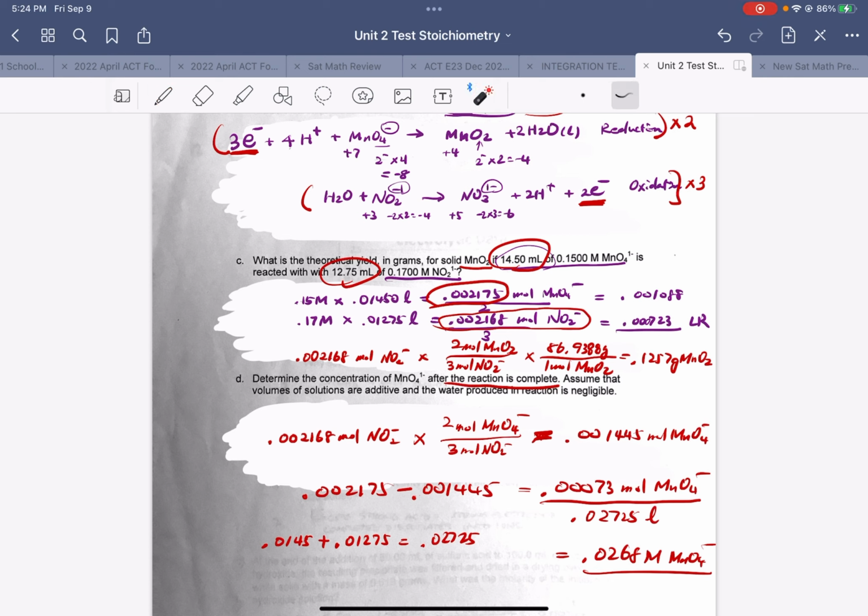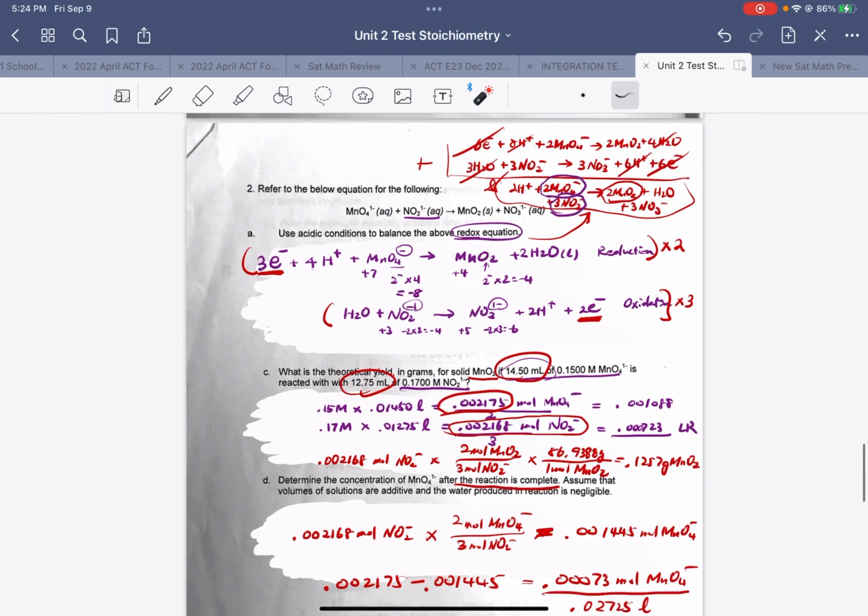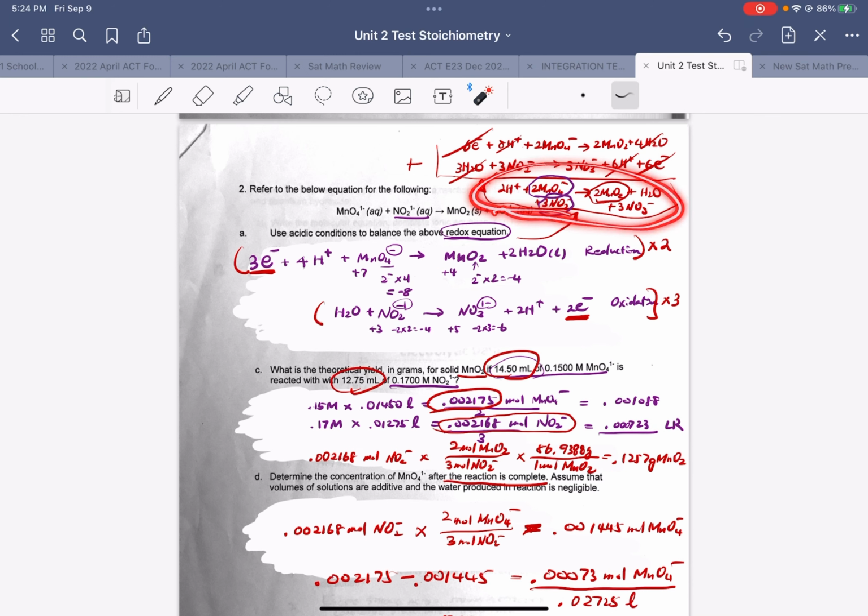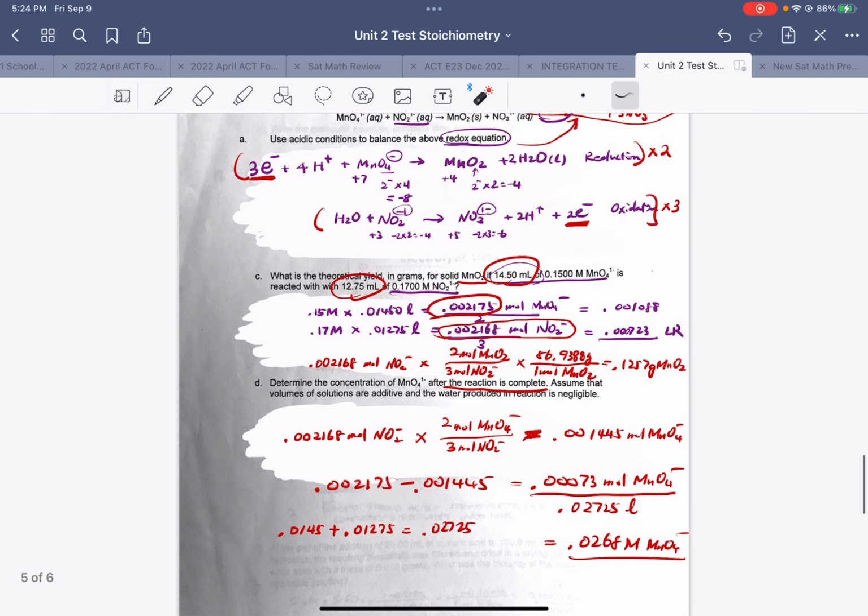So what you have to do is, using the limiting reactant's moles, find out from the equation your molar ratio: 3 mole of this and you use 2 mole of that. By multiplying by this molar ratio, you can find out how many moles you used.